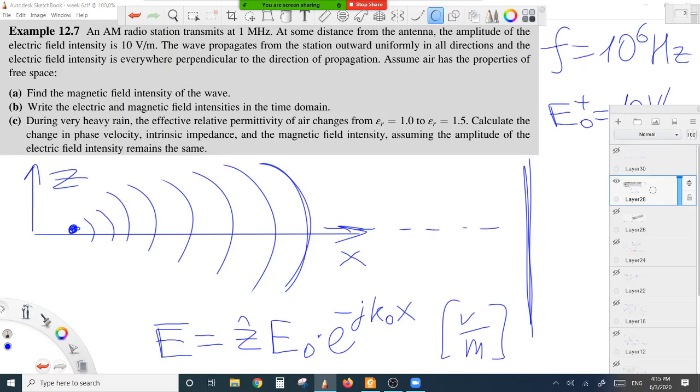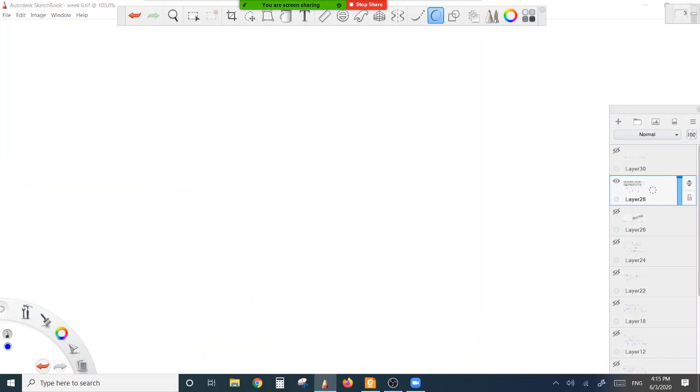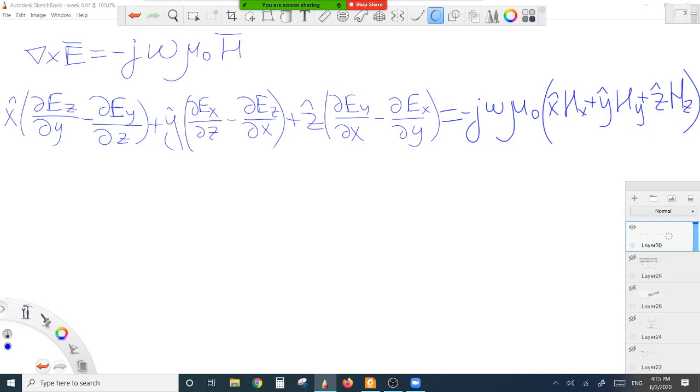We have only a z component of electric field intensity, which varies along x, or in other words, I may write here Ez along x is not equal 0, and Ey and Ex are 0.